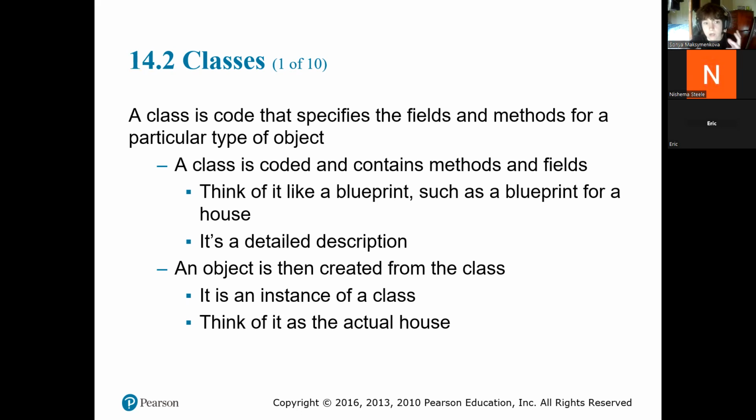All right, so our class is just a very detailed description to build your object, but it allows you a little bit of room for specifications. And I'll show you an example of that. Speaking in coding terms, an object is going to be called an instance of a class, so something that belongs to that class, something that came out of that class.